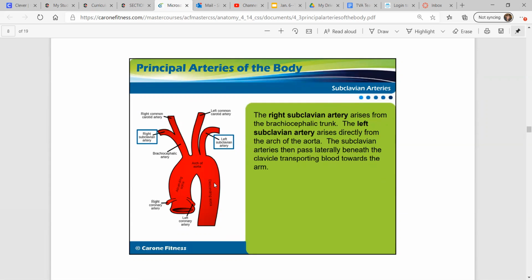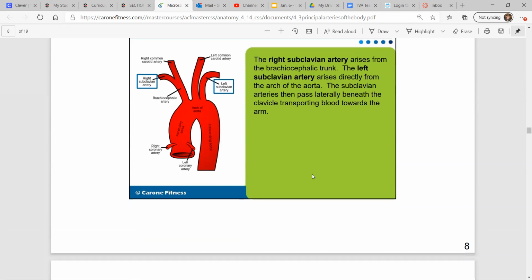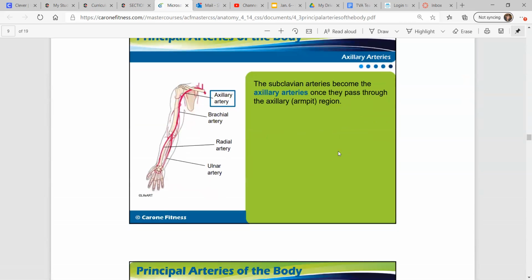And the subclavian arteries then pass laterally, laterally means to the side, beneath the clavicle, transporting blood towards the arm. The subclavian arteries become the axillary arteries once they pass through the armpit or the axillary region.